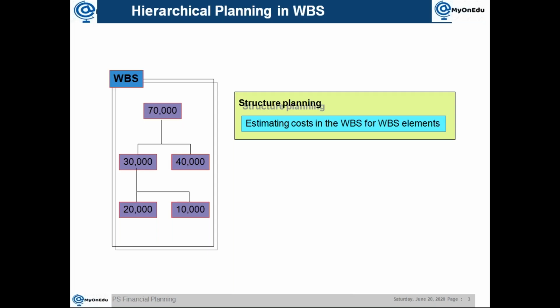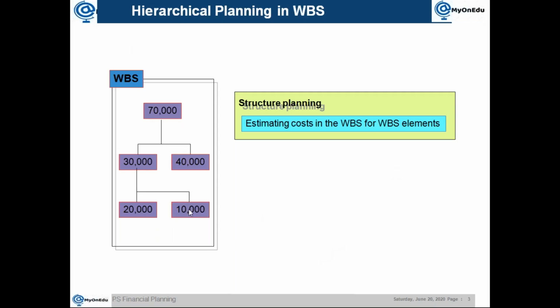So for those things you need a cost plan against a cost element. What we are talking about in hierarchical planning is that we are not using any cost element. It is just entering a value against the WBS, like you have seen in the picture here, or you can say this slide.